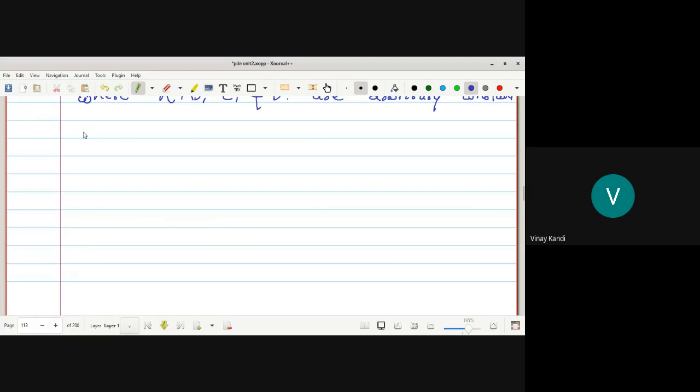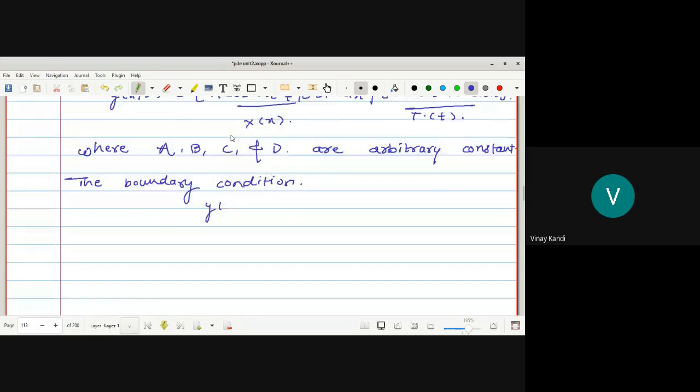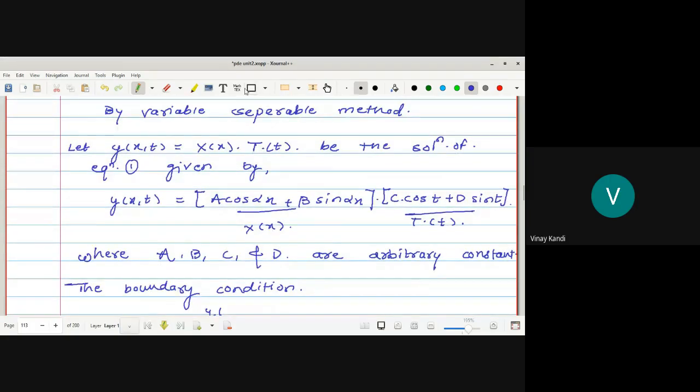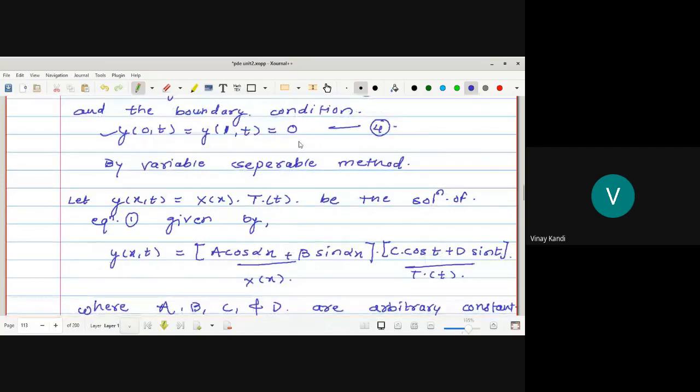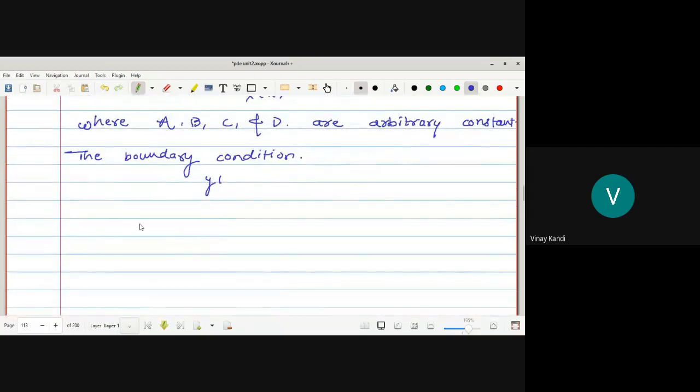From the boundary condition we have y of 0,t equal to 0.